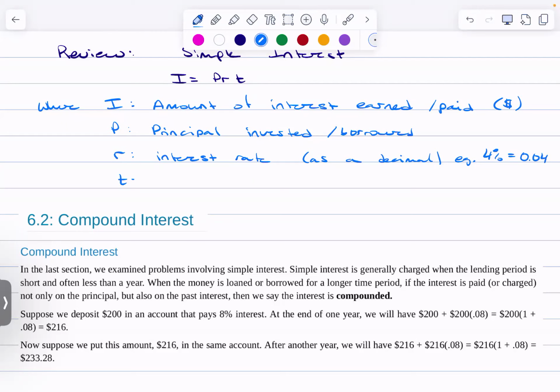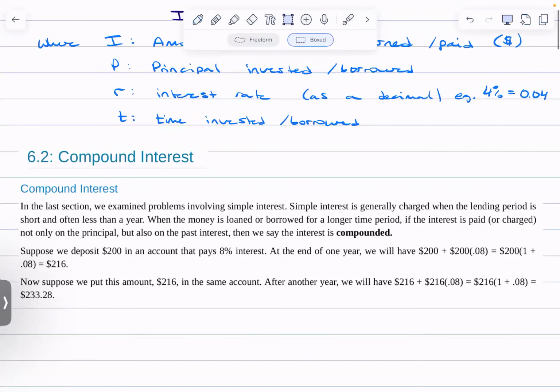And T is the time invested or borrowed. I'll move these down.